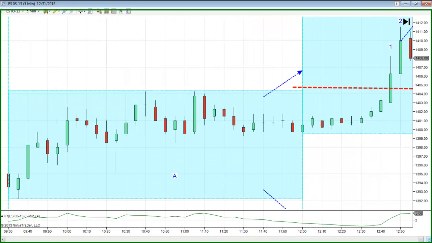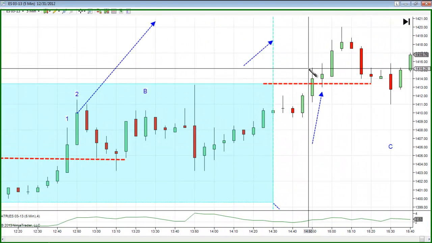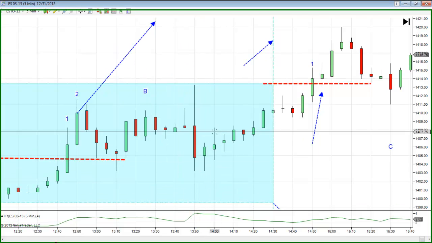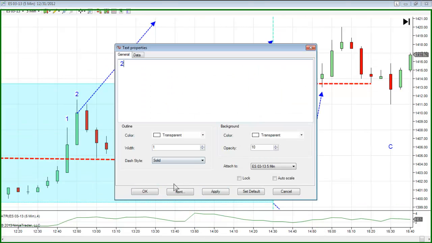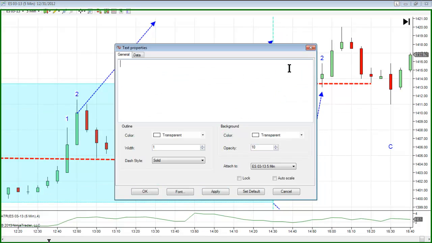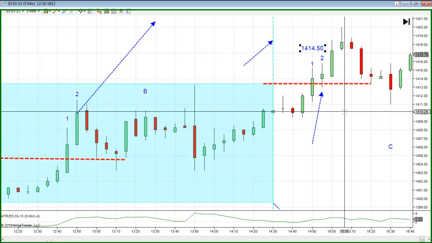For the B to C relationship, this is 1, this is 2, Mark. 2 consecutive closes above 14.50. That's the entry to go long. Close at a second candle.